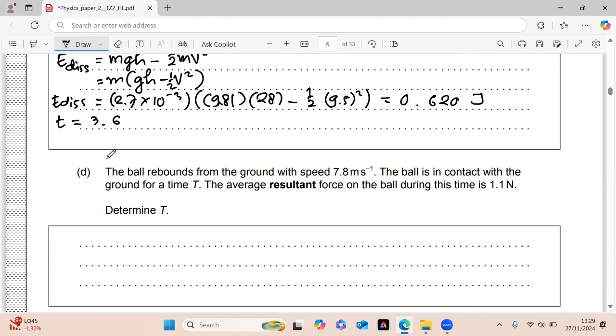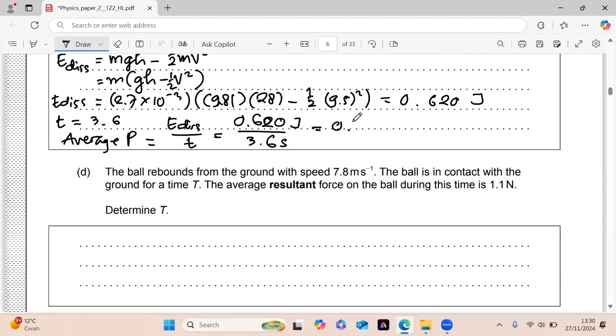And now I'm going to determine average power. Average power equals energy dissipated over time: 0.620 joule over 3.6 seconds.